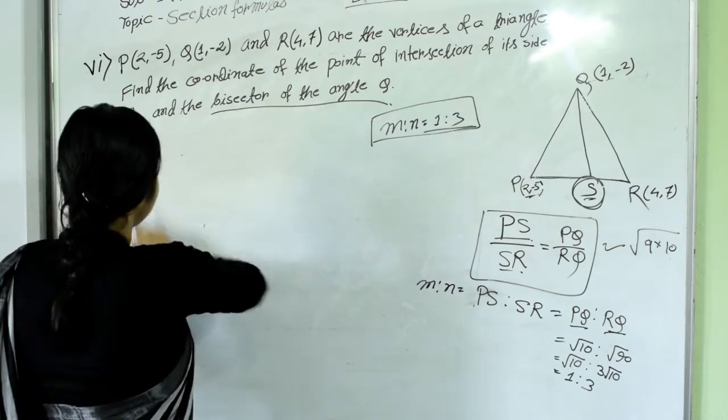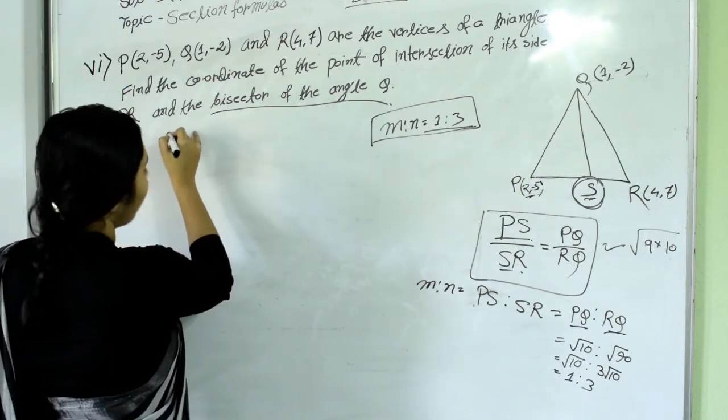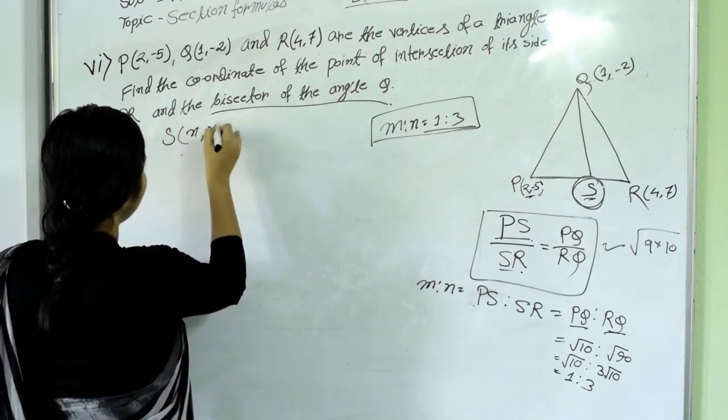So now suppose the coordinate of the point S is x comma y.